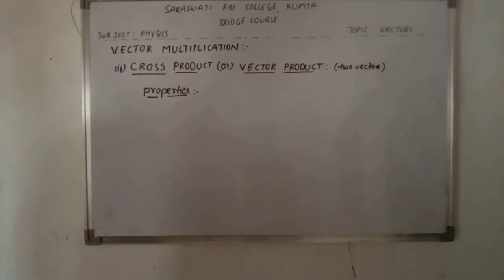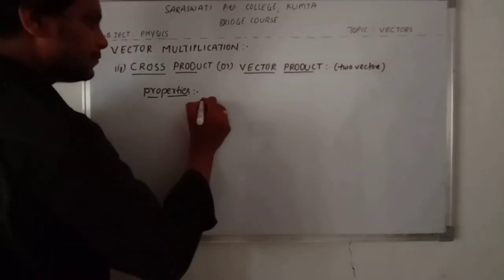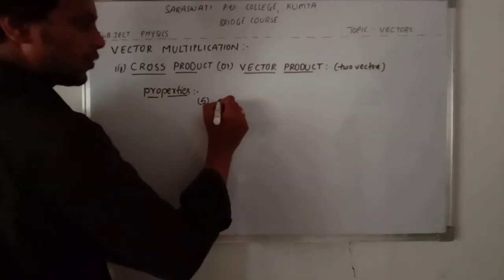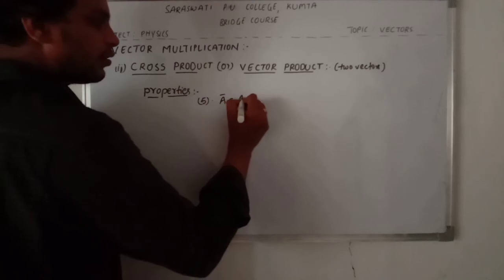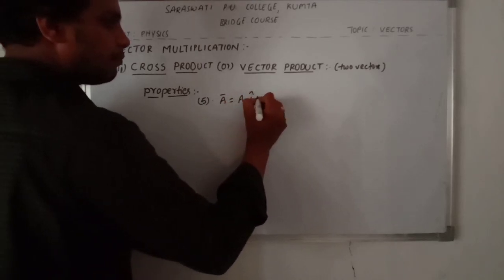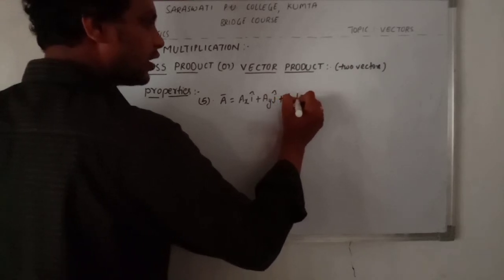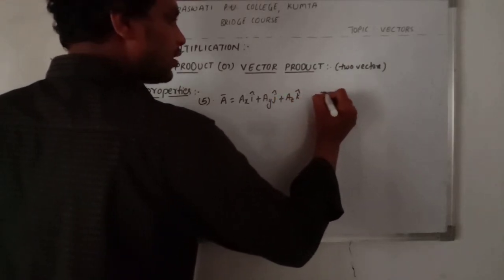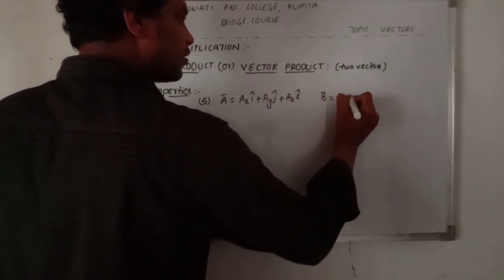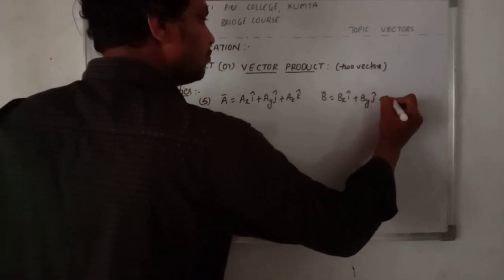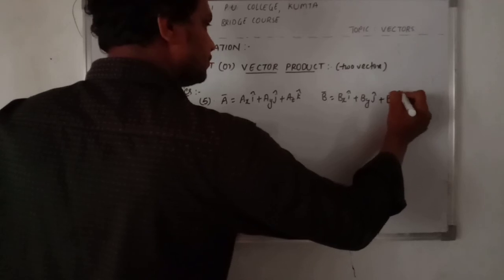We are going to discuss the fifth property, that is, if a bar is ax i cap plus ay j cap plus az k cap, and b bar is equal to bx i cap plus by j cap plus bz k cap.